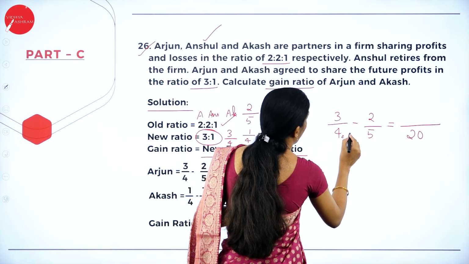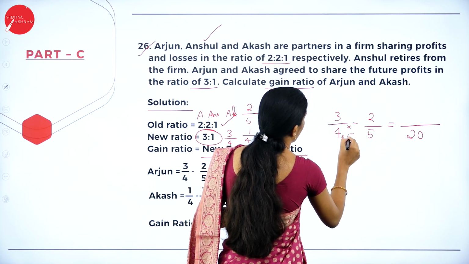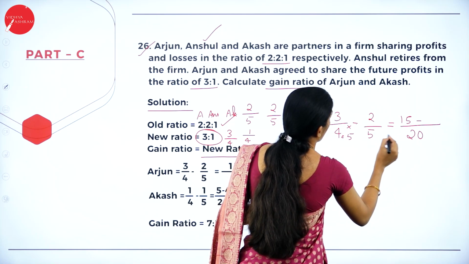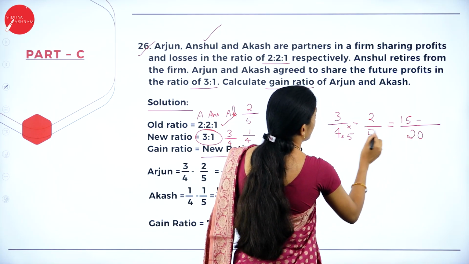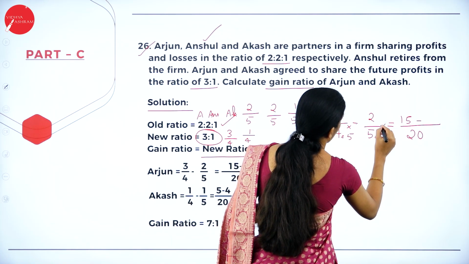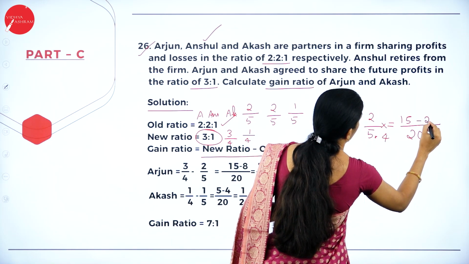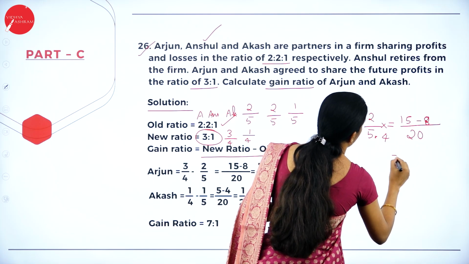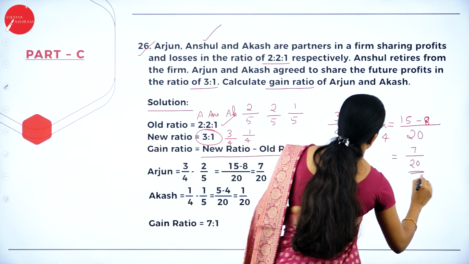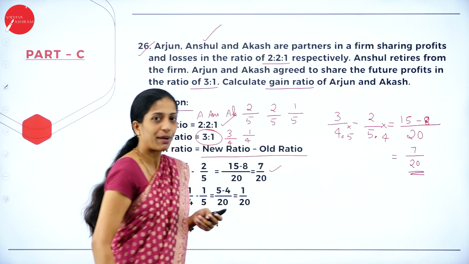Yes, it is divisible by 5. So 5 into 3, 15. This minus whether 20 is divisible by 5. Yes, it is divisible by 4. So 4 into 2, 8. So 15 minus 8. So we'll get 7 by 20. So we got the answer here, 7 by 20.